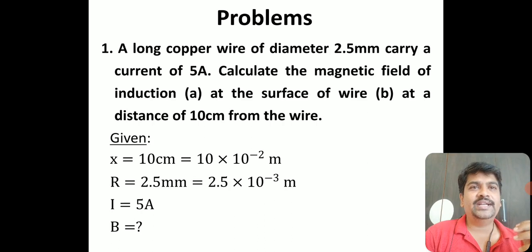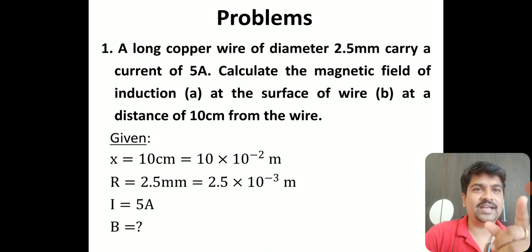Now what is the data given? First we list out the data. They have given the diameter of the copper wire, which is 2.5 millimeter. From the diameter I can calculate the radius with a very simple formula, r is equal to d by 2. It is not calculated correctly here.